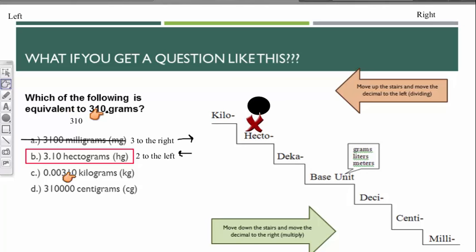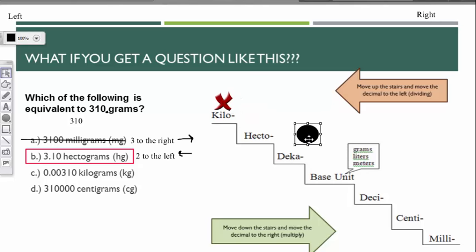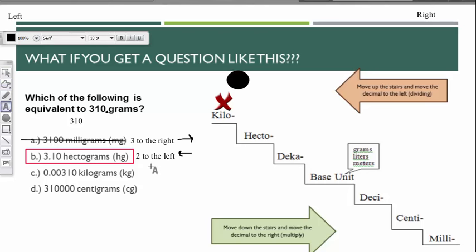We're going to go from grams to kilograms. So put my grams down here, my X on kilo. Let's see how many places we move. 1, 2, 3. So I move 3 places to the left of my screen. We're going to put my little arrow. I always have students put the arrow.